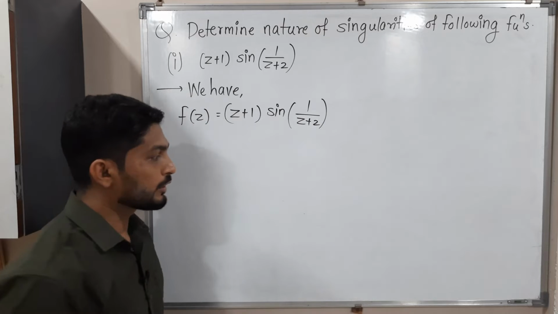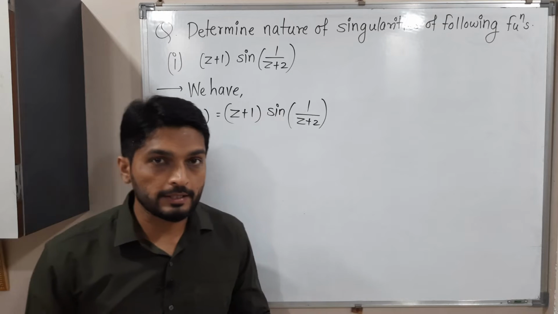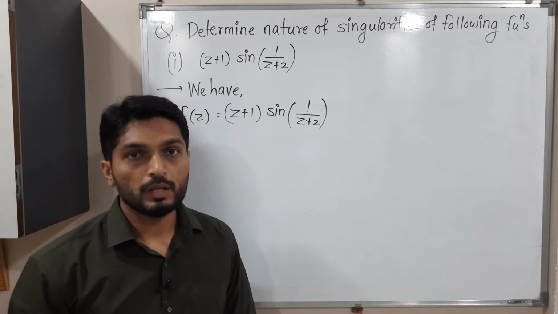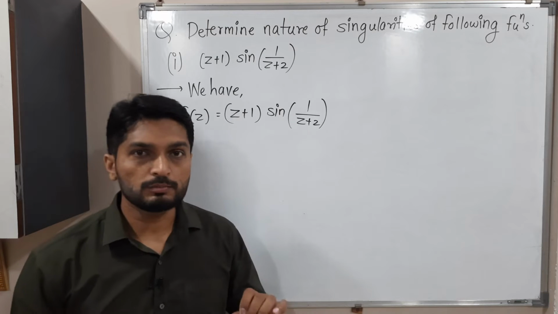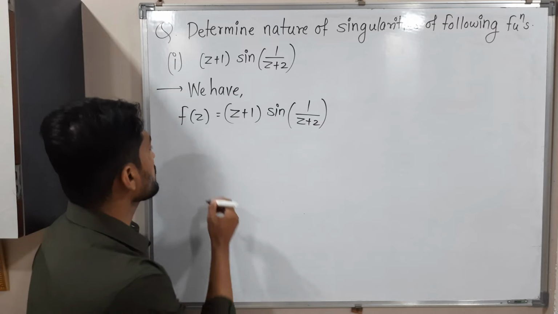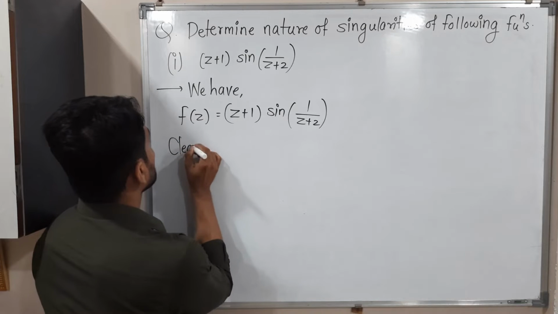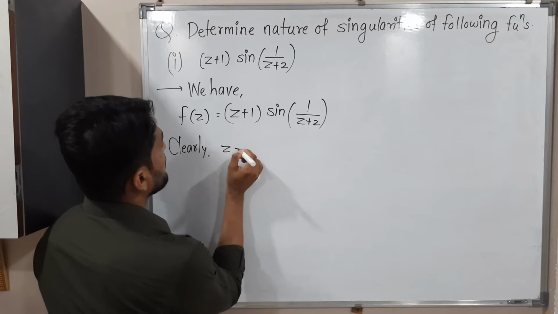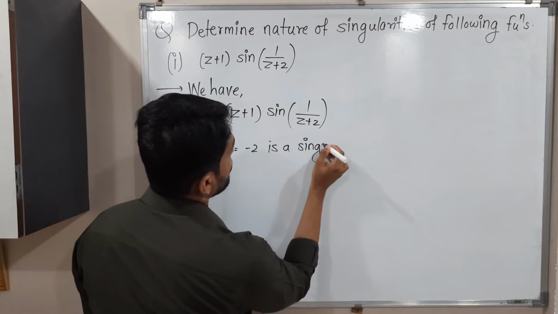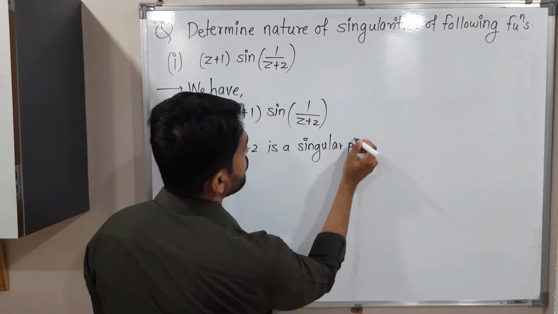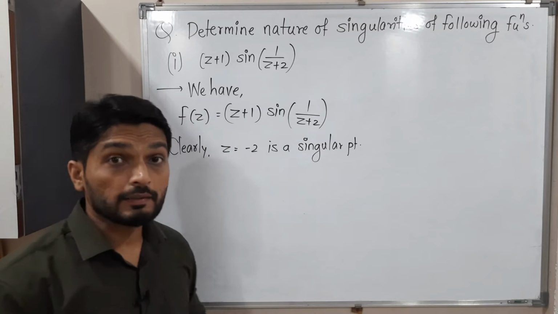Tell me, what is the singular point, that means for what value of z will the denominator be 0? Obviously minus 2. If I put minus 2 here, minus 2 plus 2 is 0. Let me clearly mention, z is equal to minus 2 is a singular point.